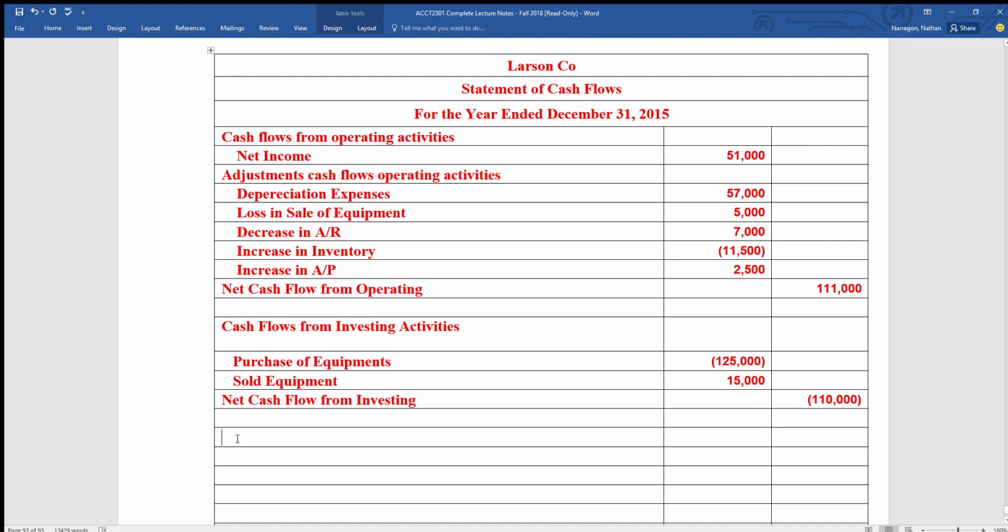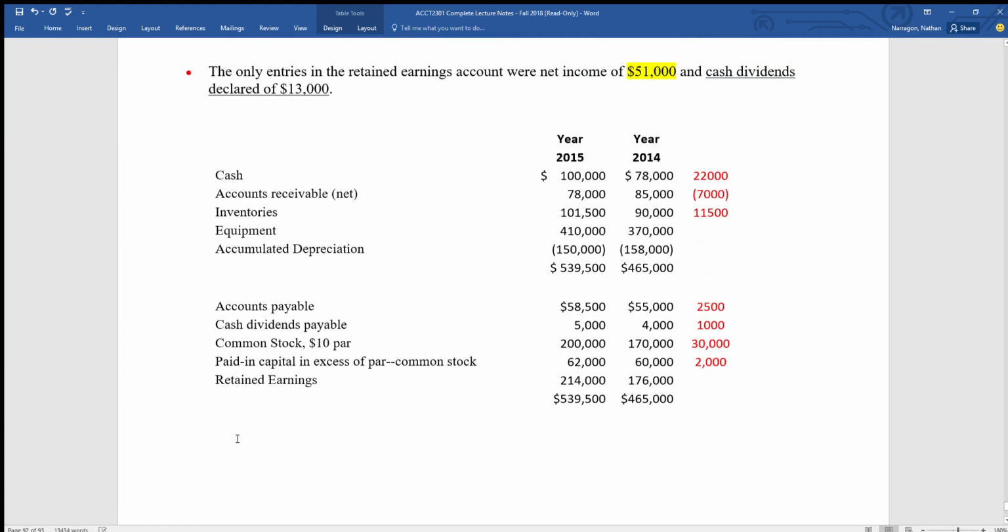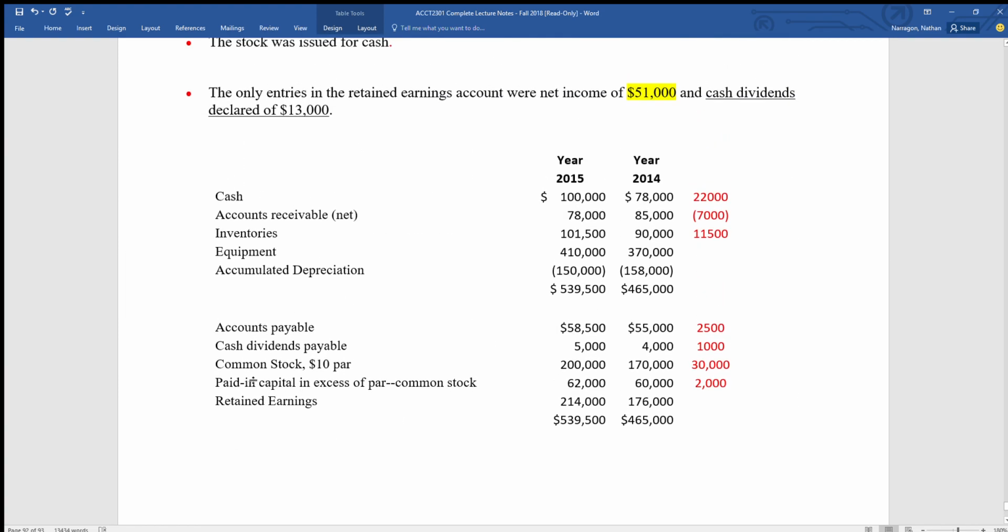Okay, next one, cash flows from financing activities, and we're going to look at basically dividends and common stock actually sold. Okay, again, cash dividends payable, it increased, but we declared 13,000.